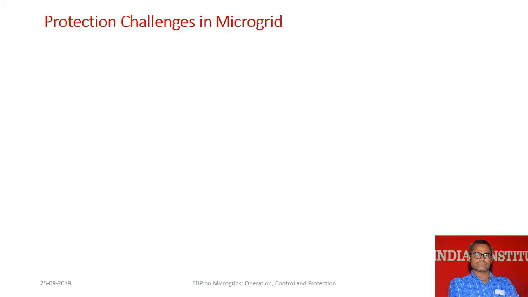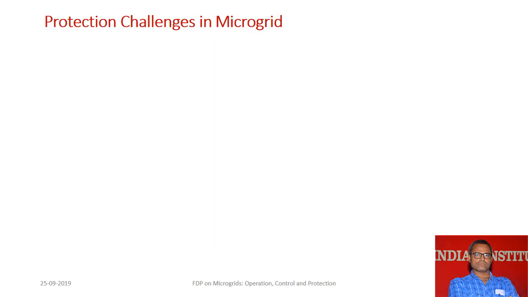Now we'll discuss a little bit about the protection, then we'll stop. So what are the protection challenges in the microgrid? In the power system also, in protection, there are various attributes we cover. Those attributes must be fulfilled when the protection system is designed.